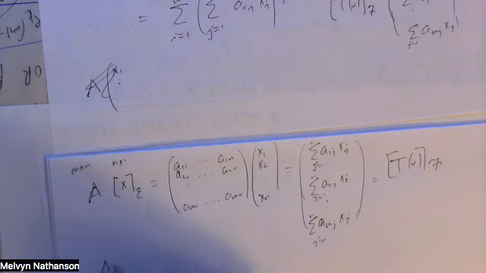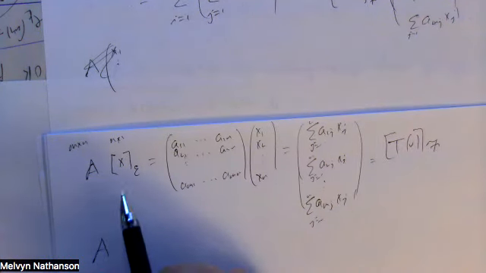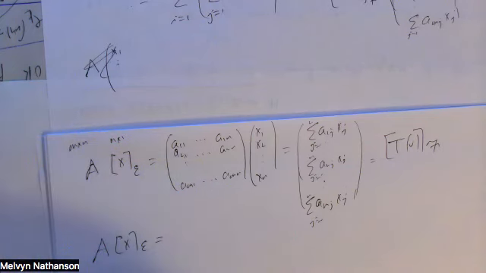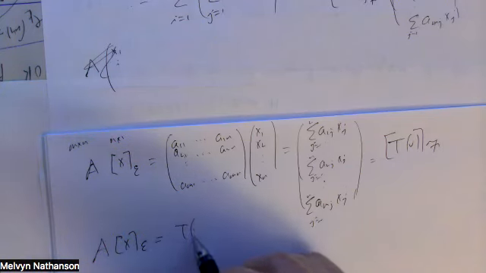You take this matrix A that I defined, the matrix of the linear transformation with respect to the bases E and F, A applied to the coordinate vector of V with respect to E, you just do ordinary matrix multiplication.